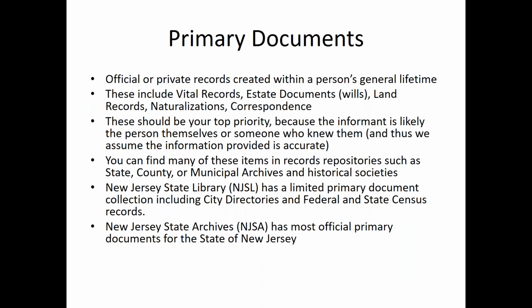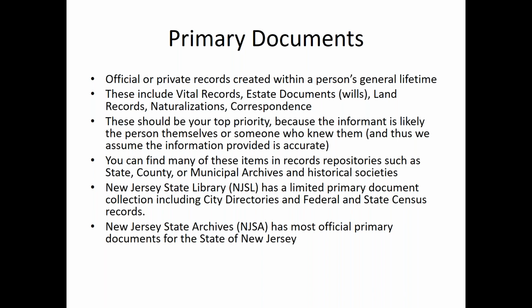So these are record collections that you think of in a very traditional sense when you're visiting an archive or a historical society repository. And they include things like vital records, estate documents, which include wills, land records, naturalizations, and private correspondence.